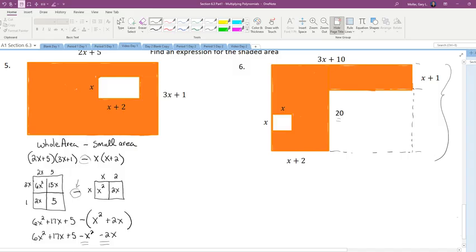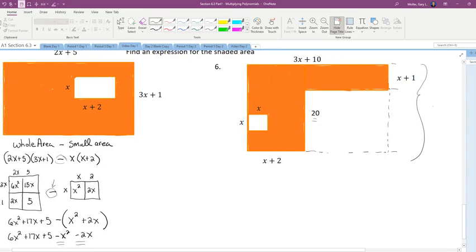So the whole thing would be something like x plus 1 plus 20, or x plus 21. So we could find the area of the whole thing, and then, like we did in the last one, take away the parts we don't want. So then I would subtract out this little white square, and I would subtract out this bigger white square. So that's what we would call a subtractive model.